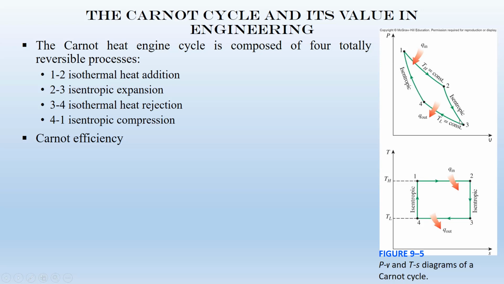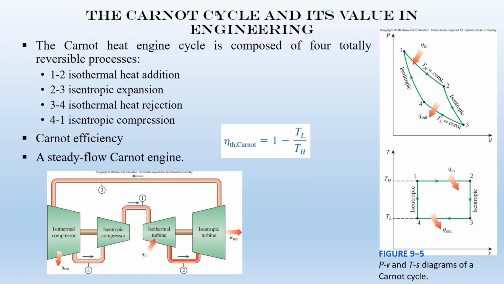For the Carnot heat engines, the Carnot efficiency, you can again write as W net over Q in, or by using the temperatures, you can write the thermal efficiency for the Carnot cycle as 1 minus TL over TH. Keep in mind that these temperatures must be absolute temperatures.